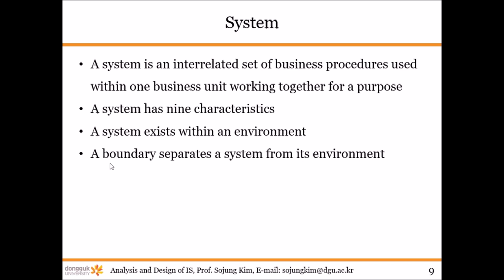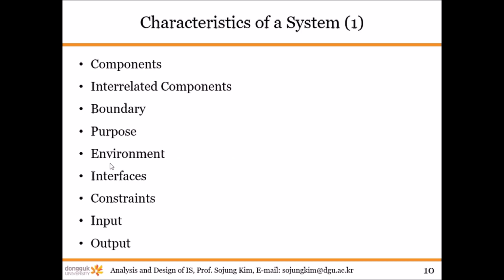Got it. So let's talk about the 9 characteristics of the system. A system includes components, interrelated components, boundary, purpose, environment, interfaces, constraints, input, and output. I already mentioned the components, right? It has hardware, software, the business process, and so on. And the interaction between those components is considered an interrelated component, such as networking.